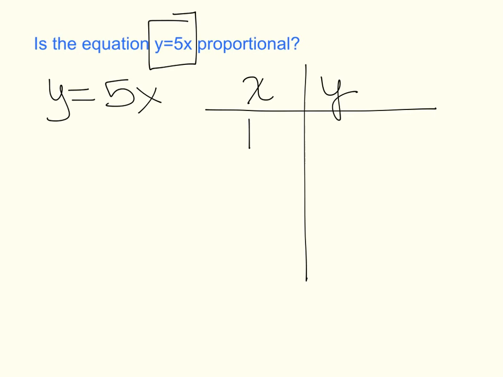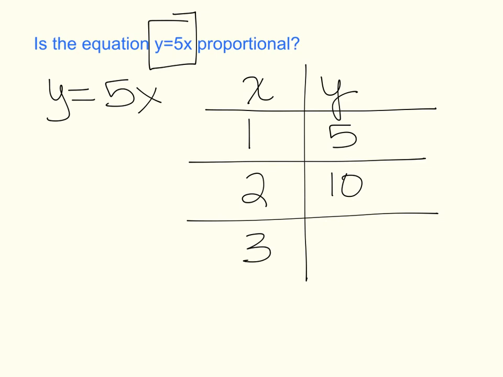So if x is 1, if I plug in 1, 1 times 5 is 5. If I plug in a 2, 5 times 2 is 10. If I plug in a 3, y is 15. And if I plug in a 4, y is 20. So let me just show you quickly what I did here.